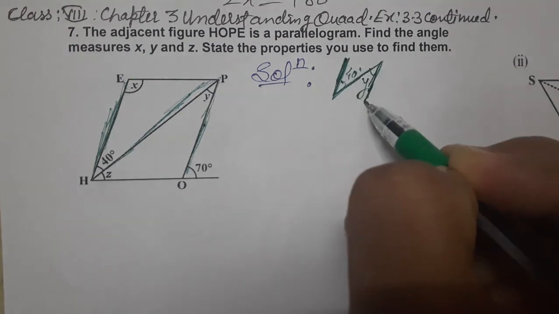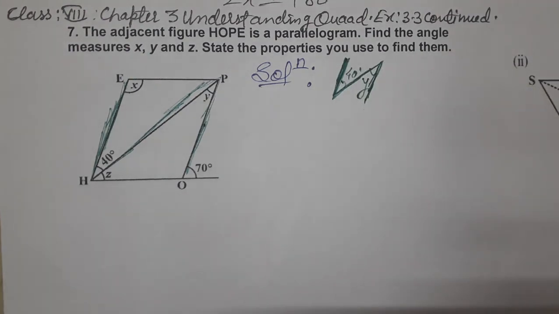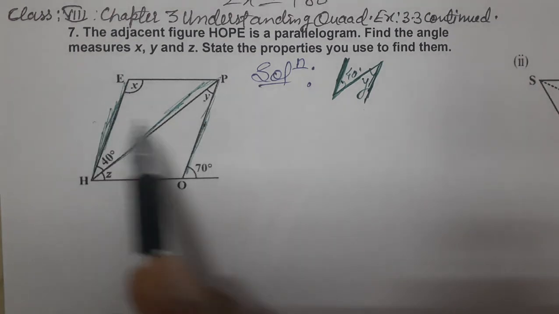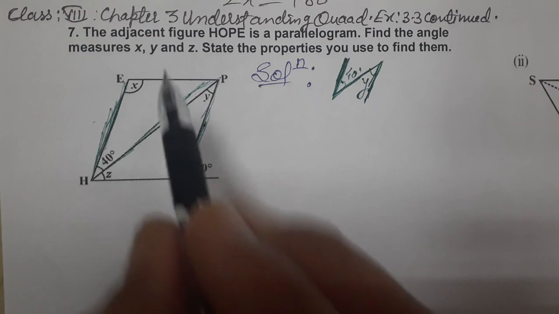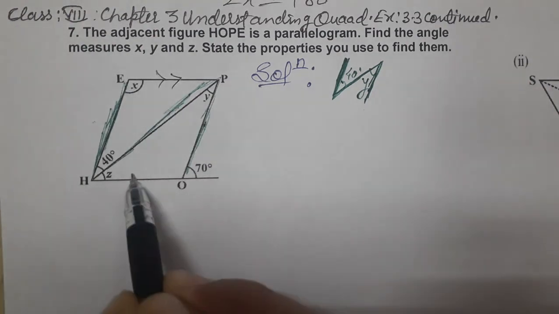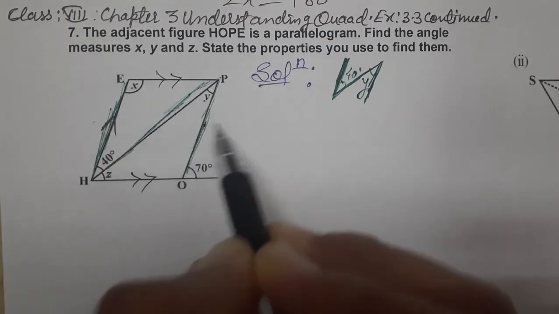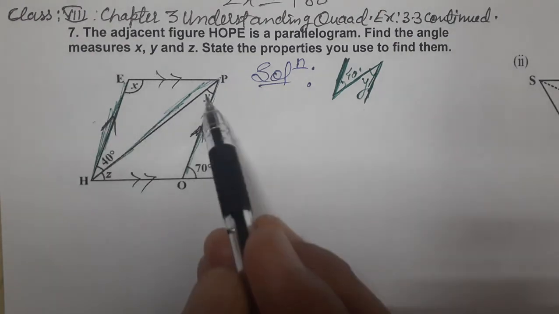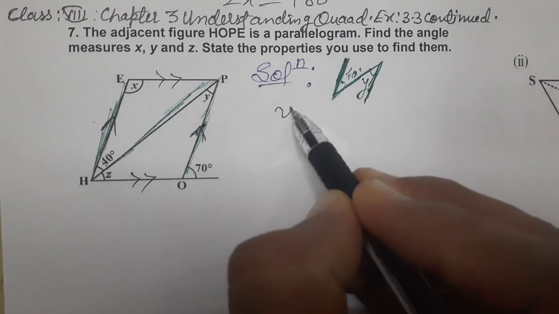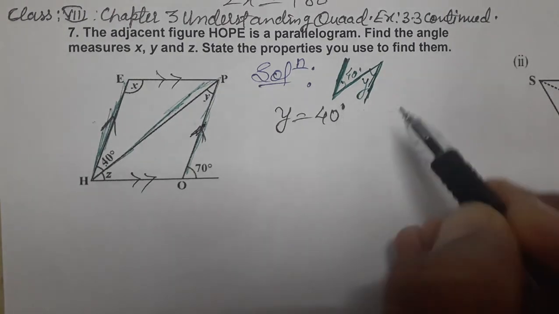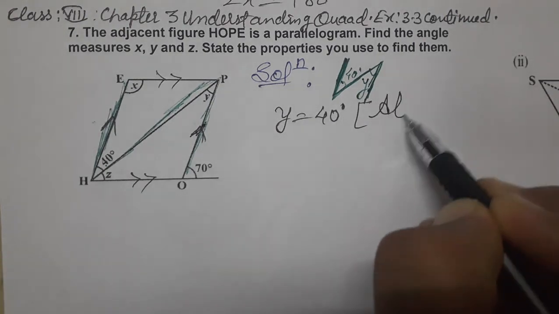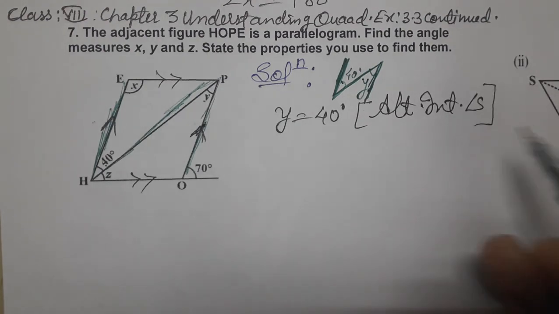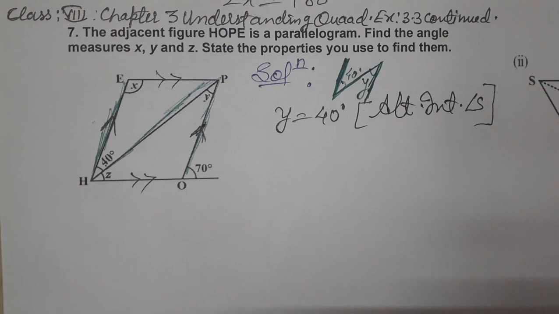It is a Z. So this type of angle is called alternate interior angles because these two lines are parallel, because in parallelogram there are two pairs of parallel lines. So these two are parallel and these two are parallel. So children, y equals 40 degree. We'll write y equals 40 degree and reason is alternate interior angles.